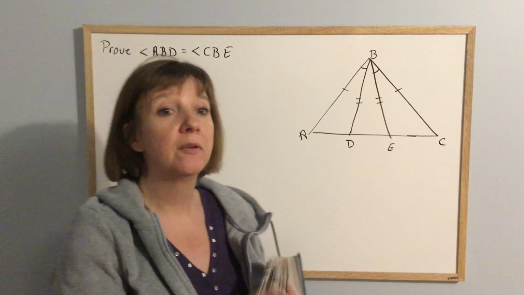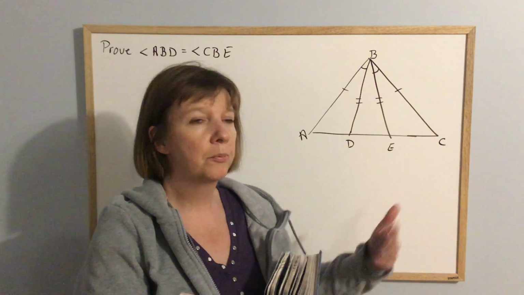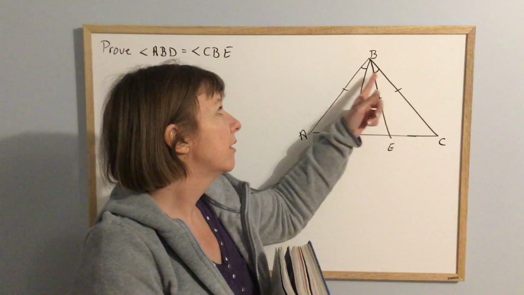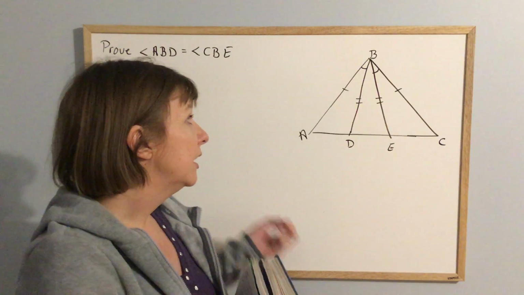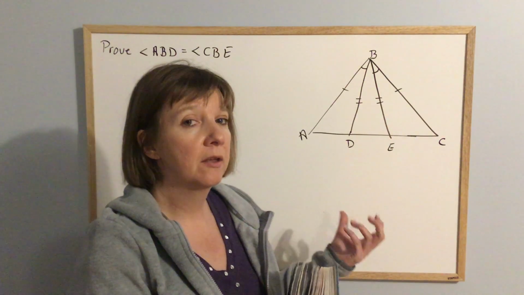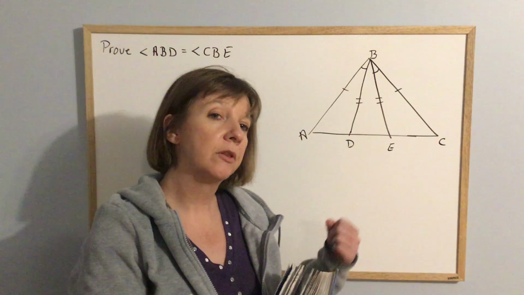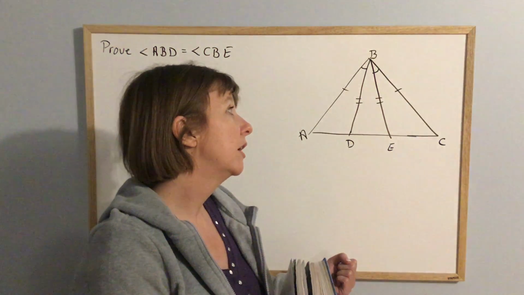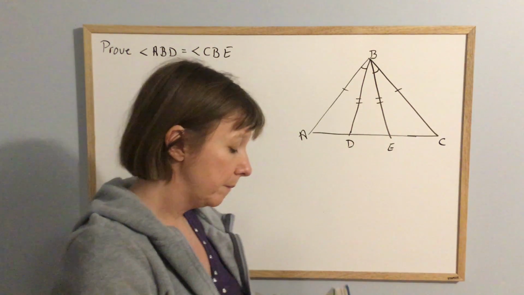We have to make statements and reasons of a logical proof as to why this angle would actually be equal to this one. Usually it involves proving that a couple of triangles are congruent, because if you can prove that the triangles are congruent, then everything about them is the same. The sides are the same and the angles are the same.